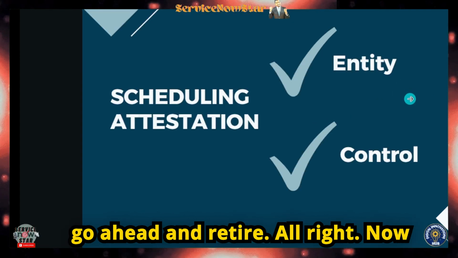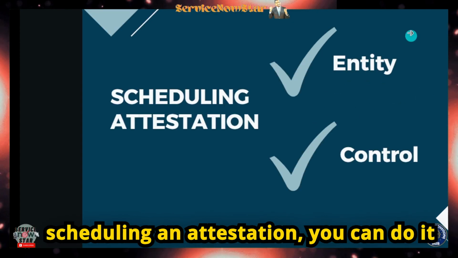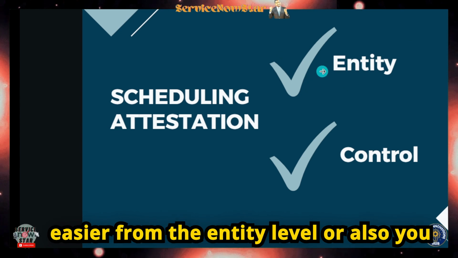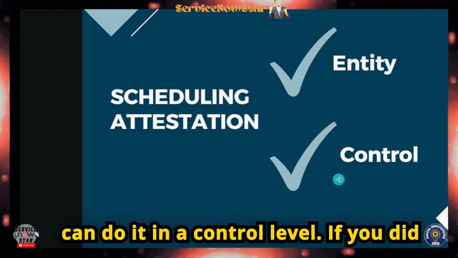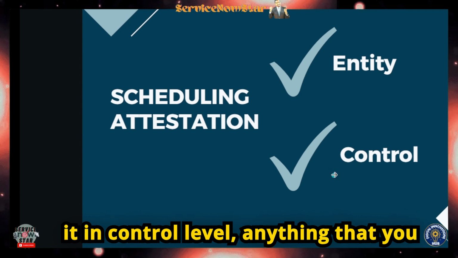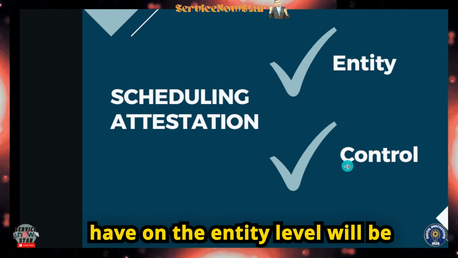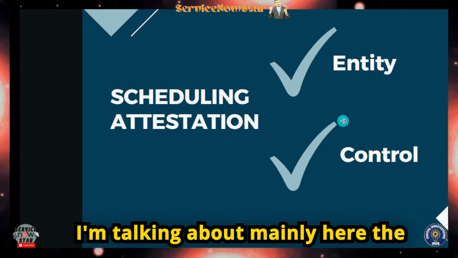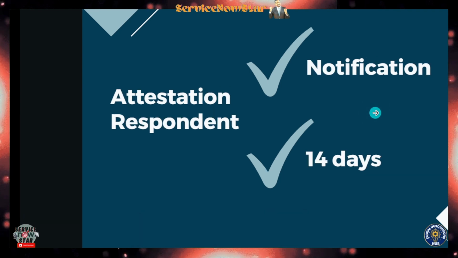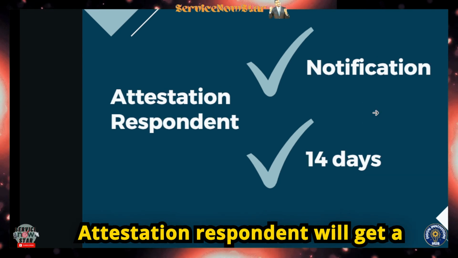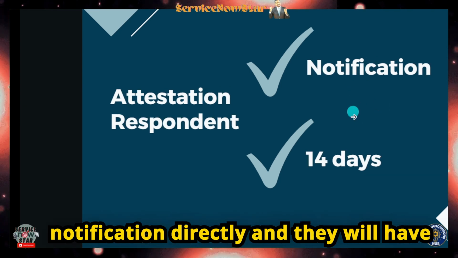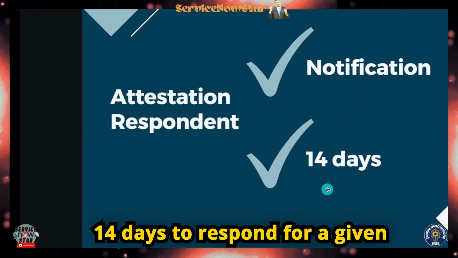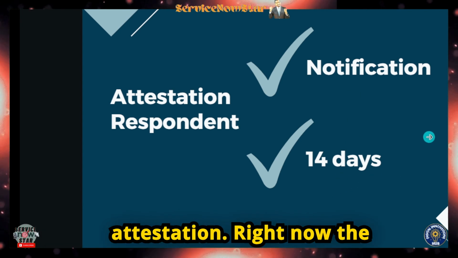Now, scheduling an attestation, you can do it from the entity level or also at the control level. If you do it at the control level, anything that you have on the entity level will be overridden by your control level. I'm talking mainly about the frequency. The attestation respondent will get a notification directly, and they will have 14 days to respond to a given attestation.